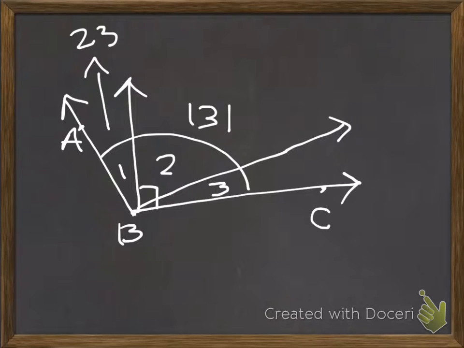You can also see that angle 2 is labeled as a right angle. So we know angle 1, we know angle 2, and we know the total. We need to find angle 3.